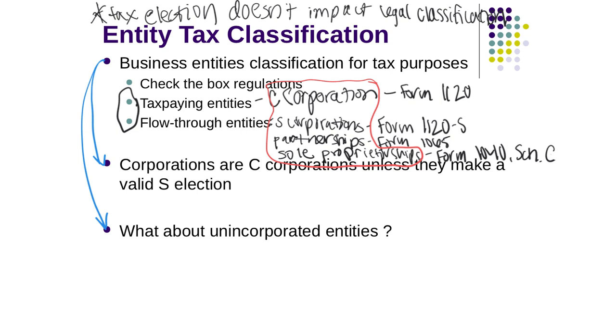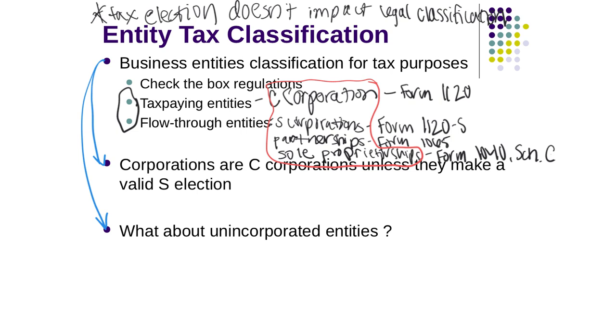A good example of that is related to corporations. Typically a corporation is automatically taxed as a C corporation unless they make a valid S election. I think it is actually a box that says, hey, do you want to be taxed as an S corporation? And you can actually check that box to say yes.